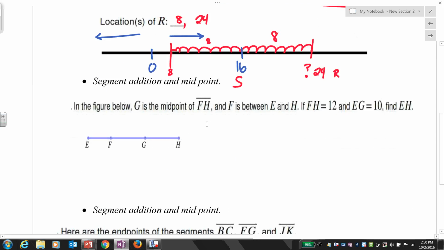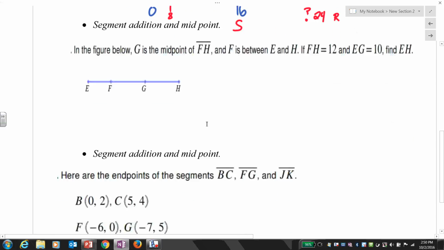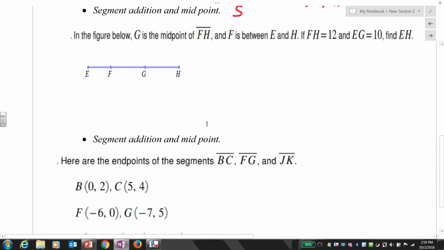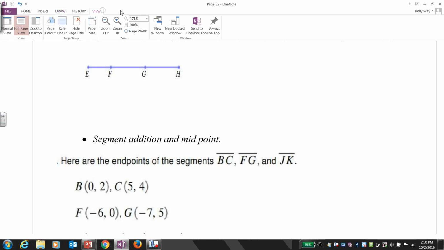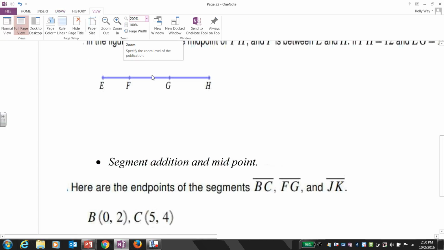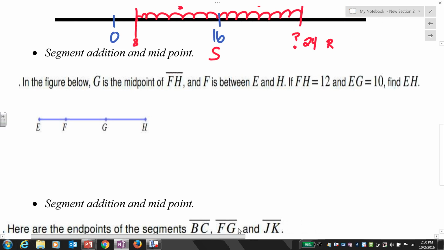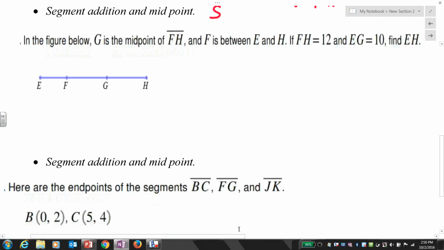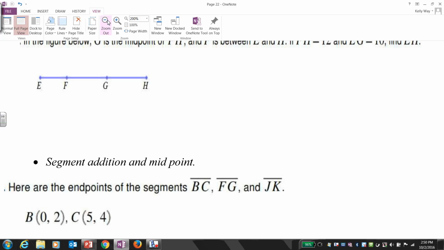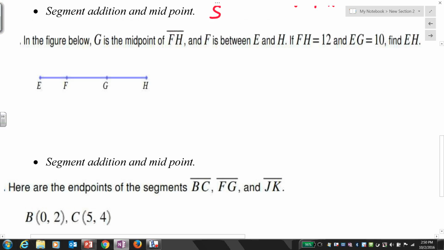Segment addition and midpoint. In the figure below, G is the midpoint of FH. This is really helpful if you color code it. So FH, G is the midpoint.